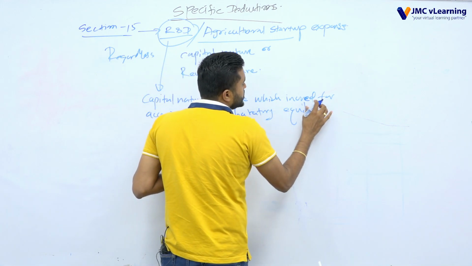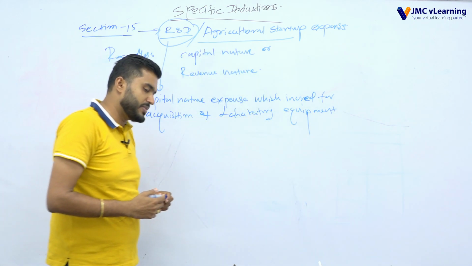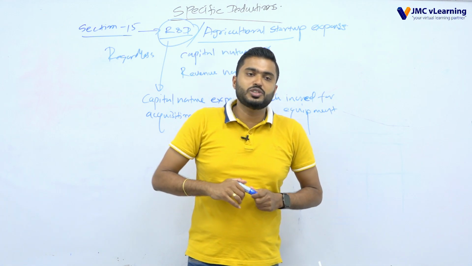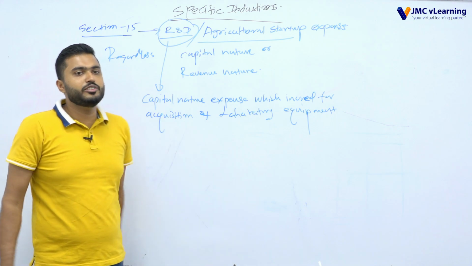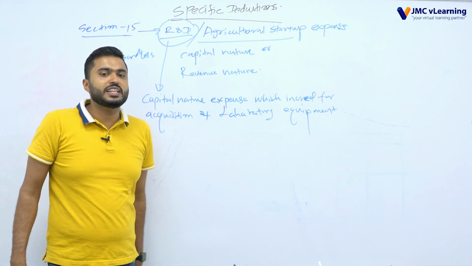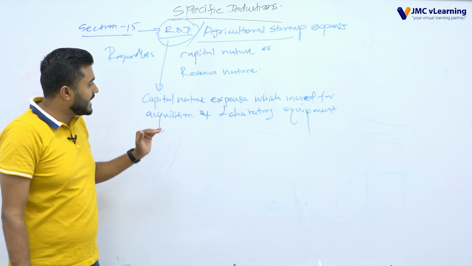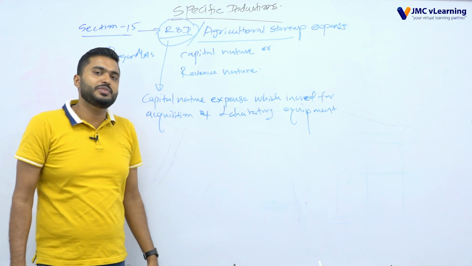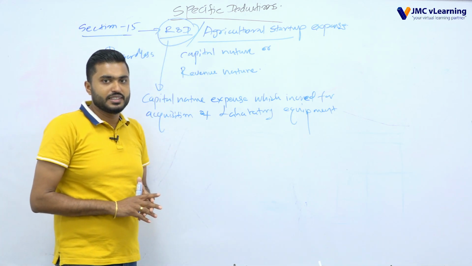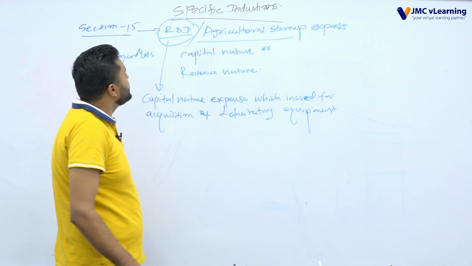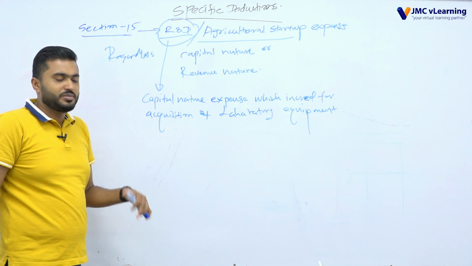That means, for research and development you may require some laboratory equipment. If you incur capital nature expense on the acquisition of research and development laboratory equipment, you cannot deduct that expense. But any other capital nature expense under this section 15, you can deduct as an expense. You have to keep in mind that, right? So that is the application of section 15. Any doubt?